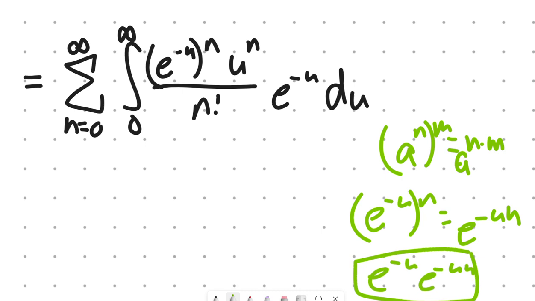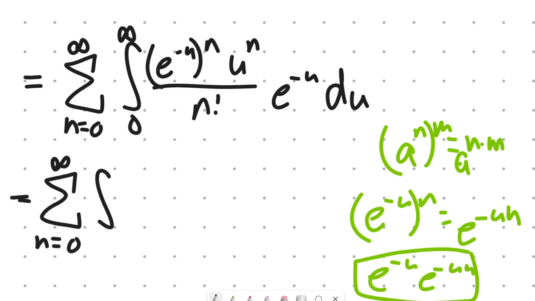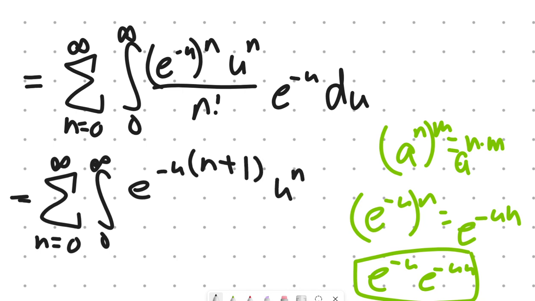So we're just going to simplify the e functions, by writing all of this and then taking e and factorizing the negative u. So we will have n plus 1 u to the n over n factorial du.